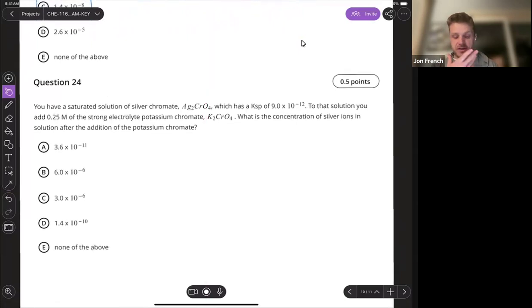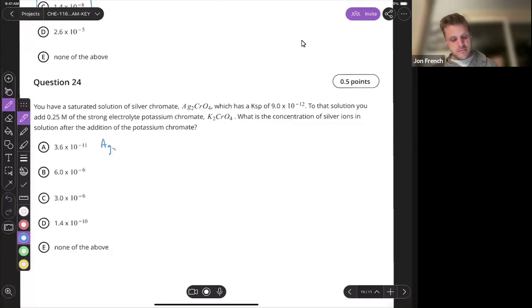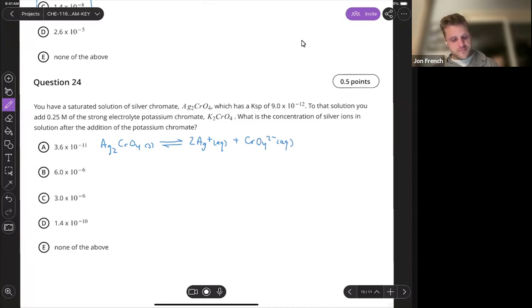Question 24 is going to be very similar. I think it's just a little bit different in what we're solving for. All right, we've got silver chromate. It ionizes. To that, I even tell you here, we add the strong electrolyte potassium chromate. So potassium chromate ionizes completely.